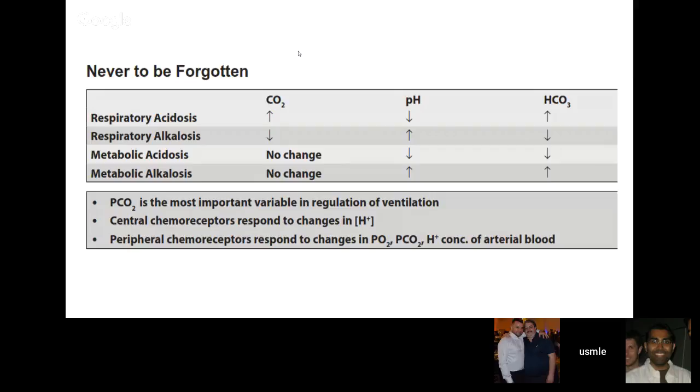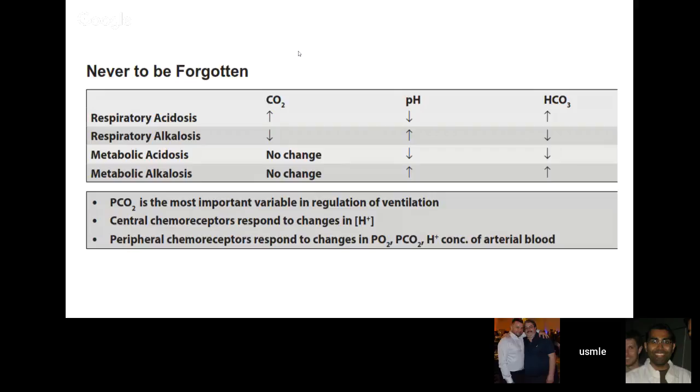So, as a compensation, you should have the bicarbonate increasing if the CO2 increases, just to compensate it. Now, if you have a respiratory alkalosis, CO2 will decrease and the pH will increase, and for that bicarbonate should decrease. And remember, bicarbonate is about metabolism.